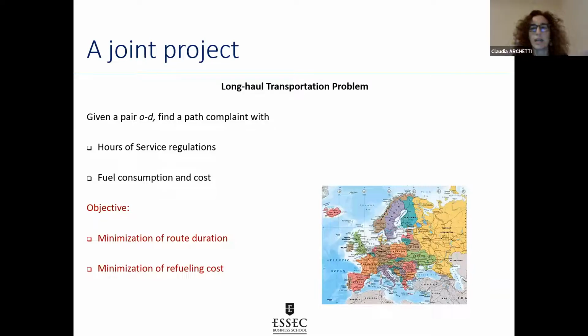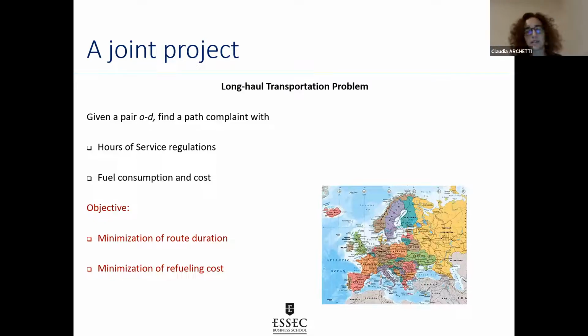And so we had this lengthy discussion, and at the end we were able to define formally the problem. That is the one I'm presenting here, the long-haul transportation problem. It is the problem in which you have an origin and a destination, and you want to find the best path, or the best paths, because there can be multiple Pareto optimal paths going from the origin to the destination, since we are considering two objectives.